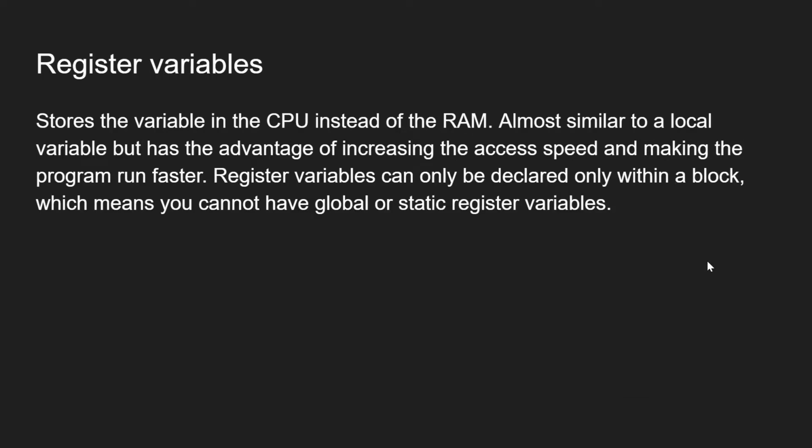And then we've got register variables. What register variables do is store the variable in the CPU instead of the RAM. It's almost similar to a local variable, but it has the advantage of increasing the access speed and making the program run faster. So if you're writing an embedded program that needs to be really fast, where every single millisecond counts, register variables would have an advantage here. But with register variables, they can only be declared within a block, which means you cannot have global or static register variables.